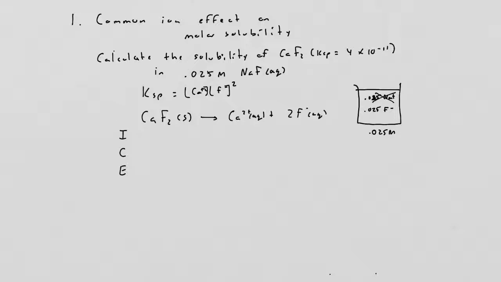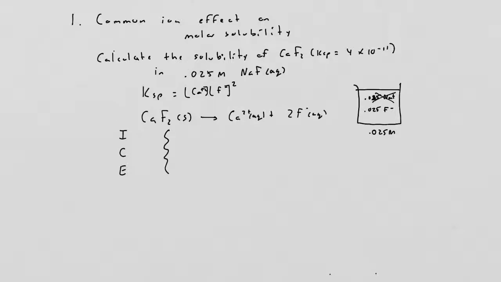Now, again, unless they ask me how much of it's going to dissolve, you could determine how much solid calcium fluoride will dissolve if they ask you that question, as long as you know how many moles of calcium ions you get in a particular situation. But they're not going to involve any of the equilibrium calculations. So in the ICE table, I'm just going to X this guy out.